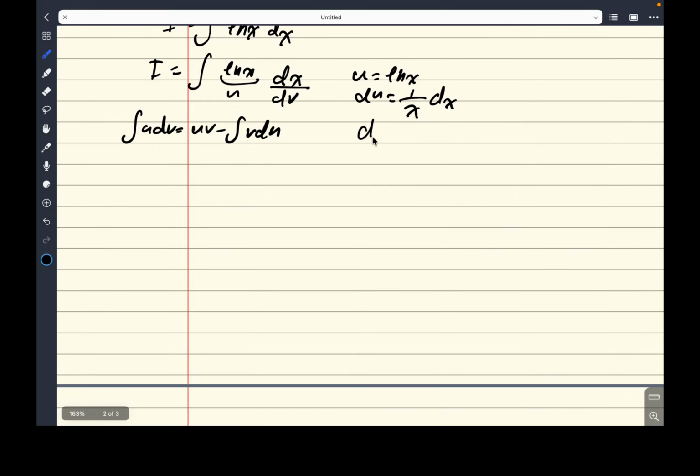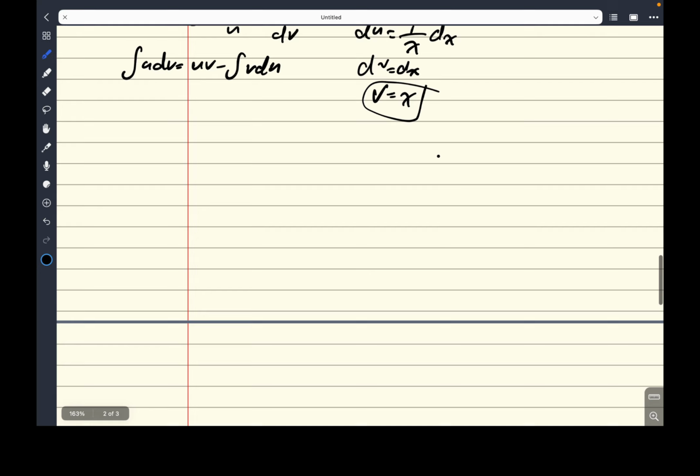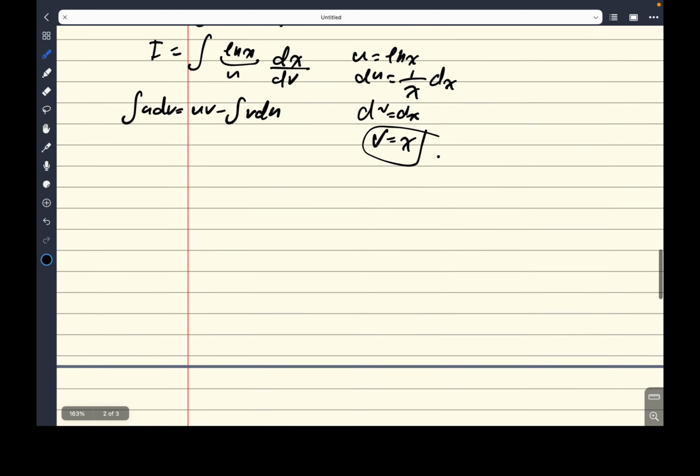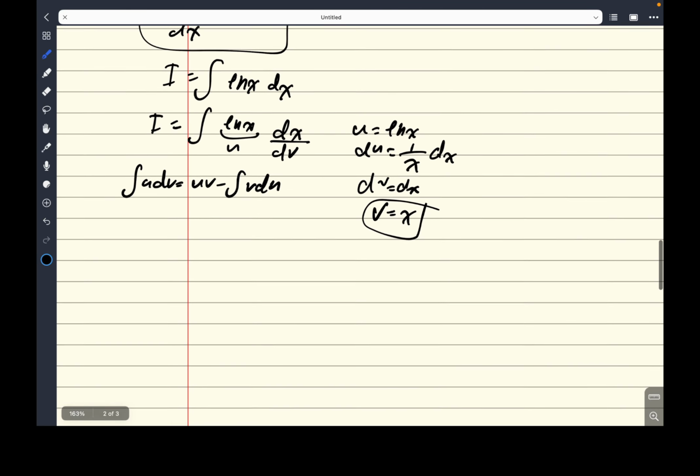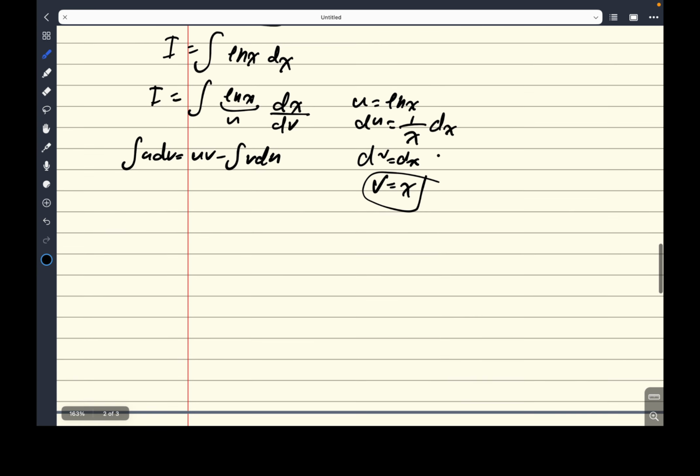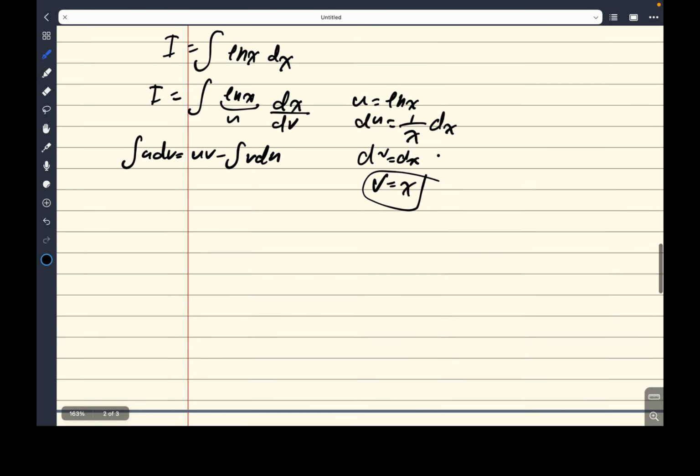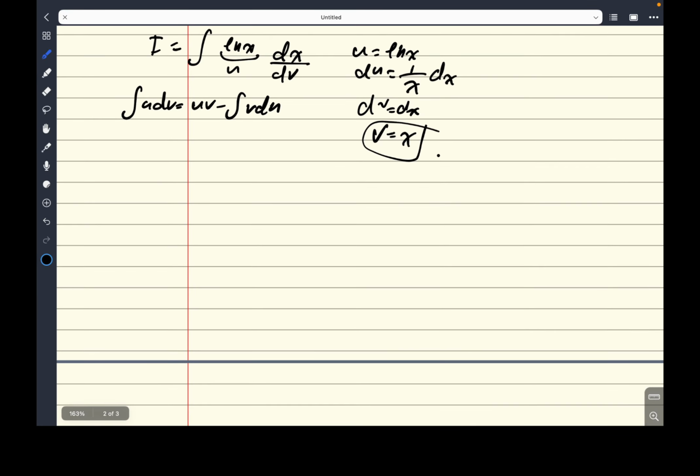My dv is dx, thus v equals x. So now I'm going to integrate this function by parts. My I equals ln x times v, which is x, minus the integral of v du.